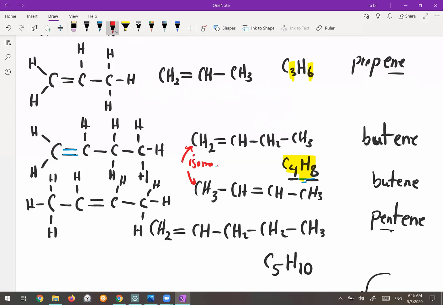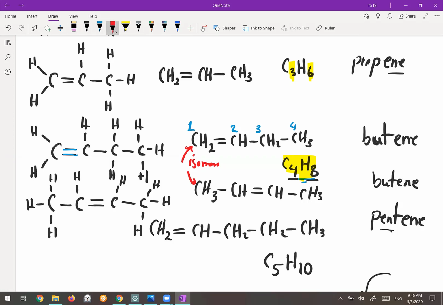We have to number these hydrocarbons, these alkenes. But for the alkenes, you must number your parent chain from the side from which the double bond receives the smaller number. For the first one, if I number it from the left side, 1, 2, 3, 4, the double bond would be between the first and second position.